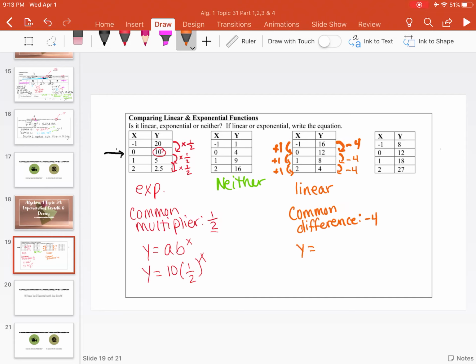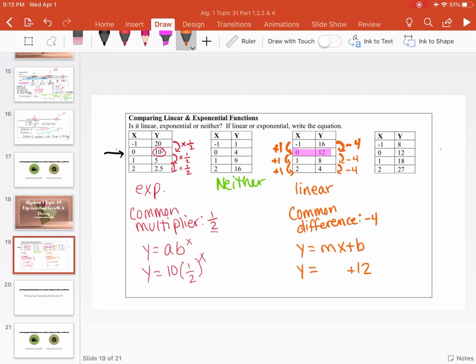So for a linear equation, we can model that with y equals mx plus b, where m is my slope and b is my y-intercept. So we note here, when x equals 0, my y-intercept is 12, so I can plug that in. My slope, on the other hand, I can look at my common difference.